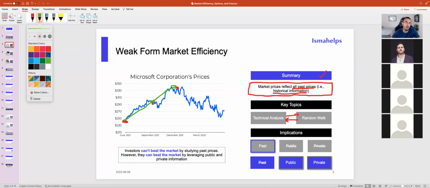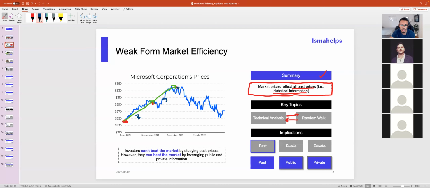Now, this was a bad way to explain it in terms of an example, but really what we're saying with technical analysis is that we're studying past prices in order to have a competitive advantage in the market, to obviously beat the market. So that's what they're doing. In this case, this little trick that I said, that every 3 months your stock price will go up regardless of what happens in between, is false.